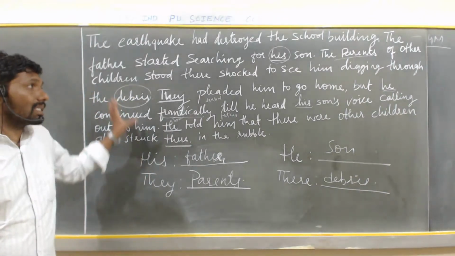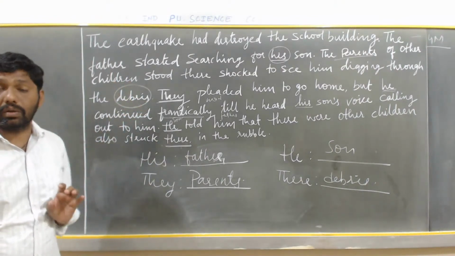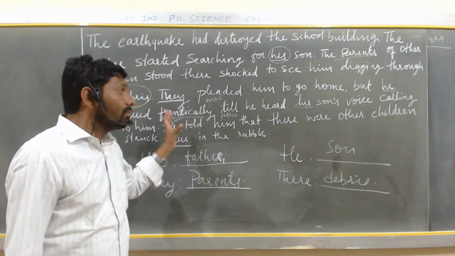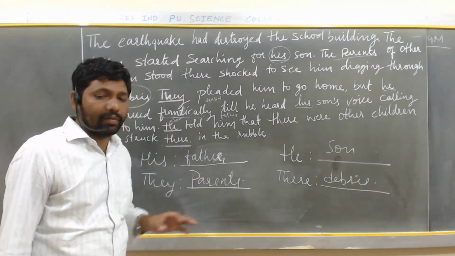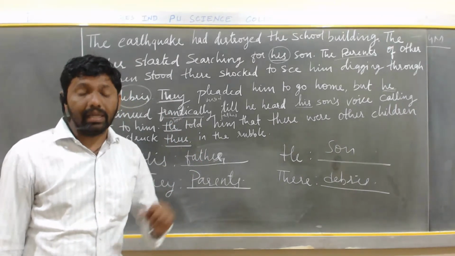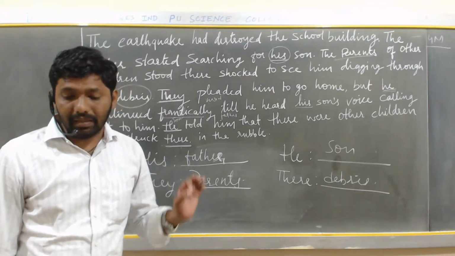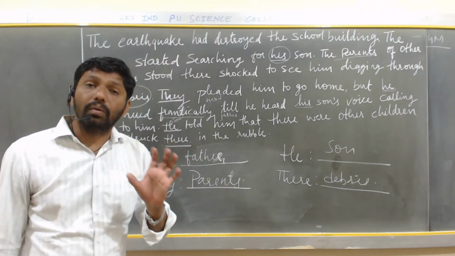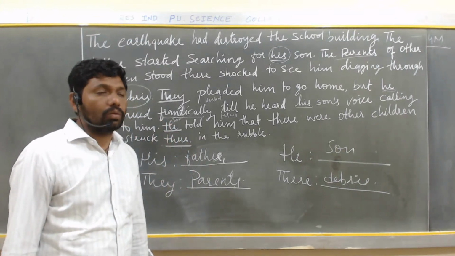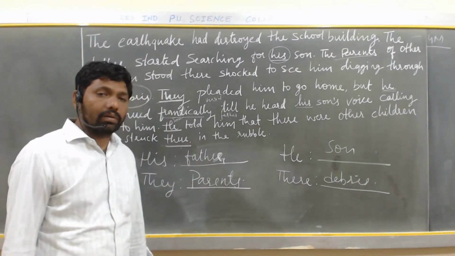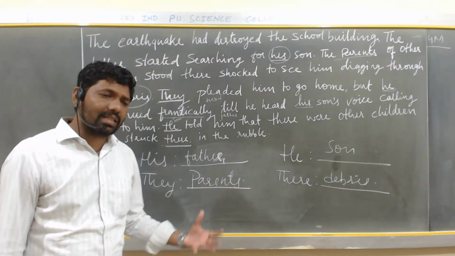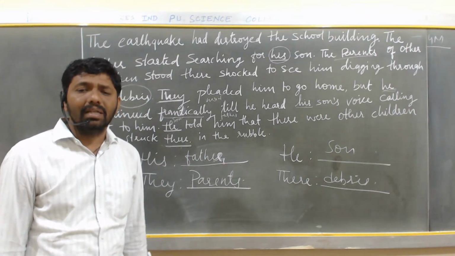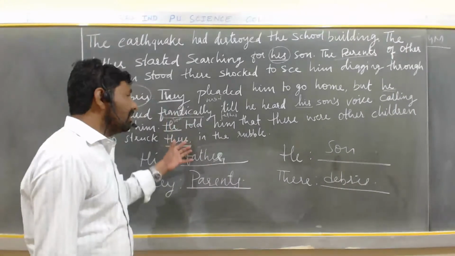So like that, one small extract will be given to you, and you will be asked to find out whom the pronouns refer to. The question will be, what do the underlined words in the following extract refer to? They will not ask the types of pronouns or the definitions. Only you need to identify them.